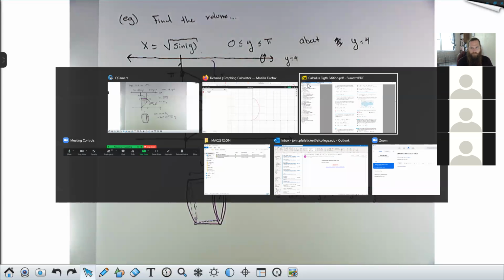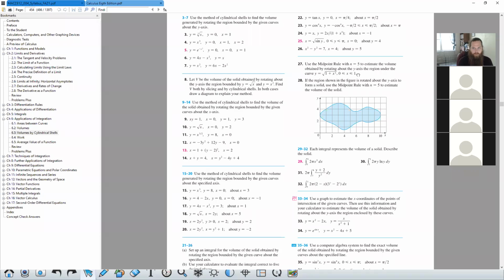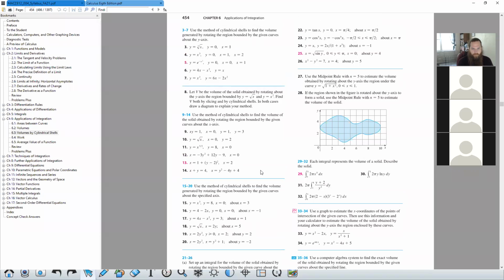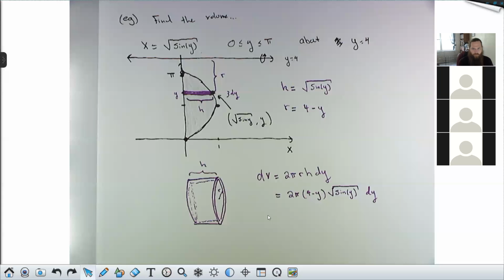Now we're almost ready. Let me take a quick look back at this problem. Just thinking ahead. Use another cylindrical shell to find the volume. Specified axis. All right. I have to think a little bit about this integral. Yeah, that would be worse.